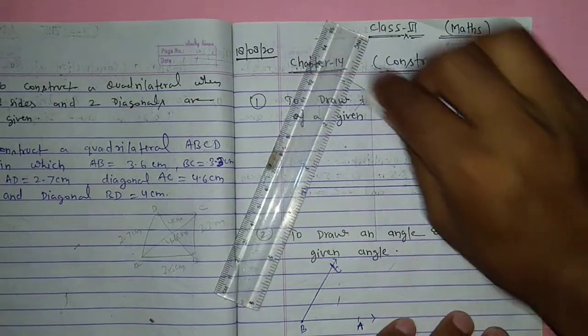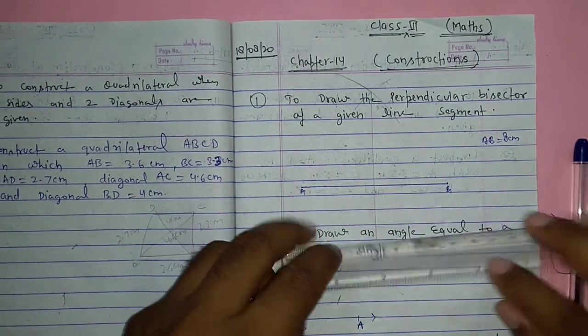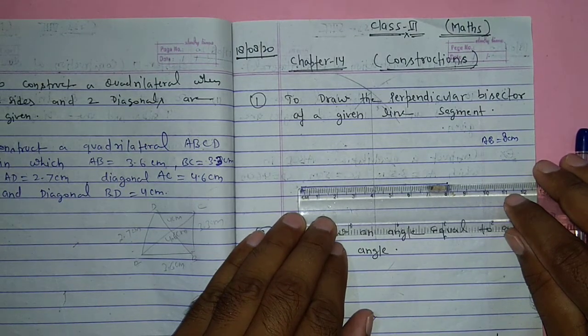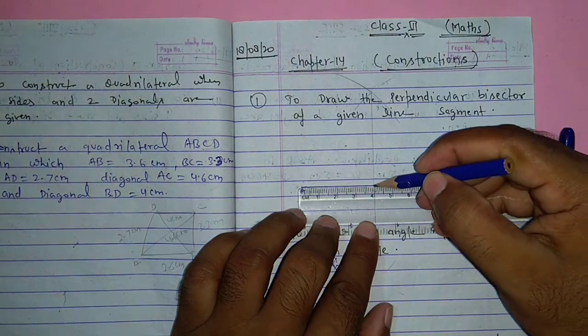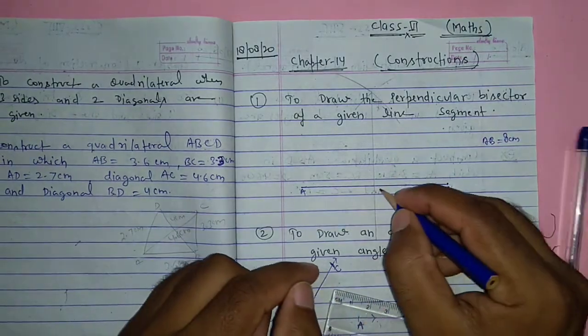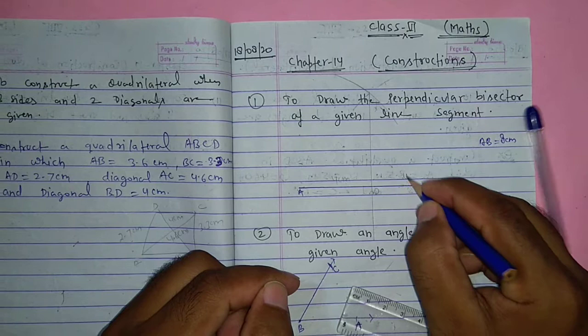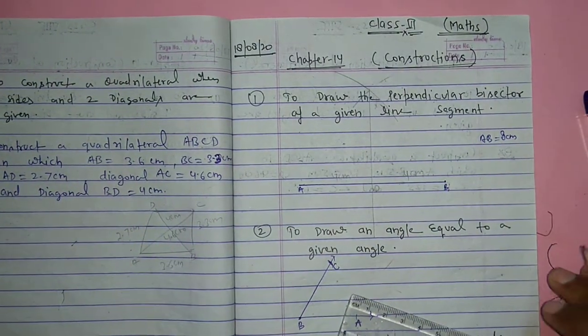So what we see, this is the perpendicular bisector. If we measure it, we see that it divides the line into equal parts. Our line passes through 4. So this is one part and this is the other part. If we mark the point O, then OA is equal to 4 centimeter and OB is also 4 centimeter. This way we can draw the perpendicular bisector.